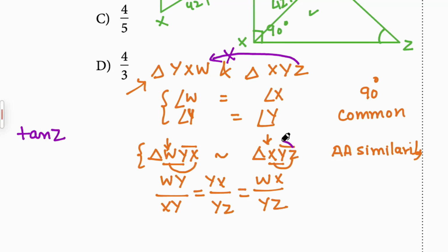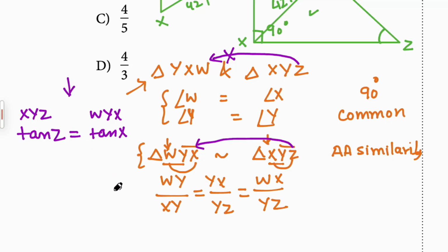So angle C is equal to angle X of this triangle. So that means tan C of triangle XYZ will be equal to tan X of triangle WYX, because these two triangles are similar. Again, that is a very important turning point.